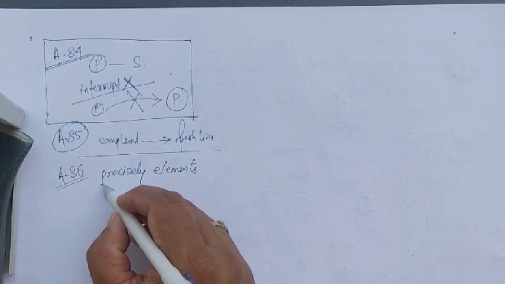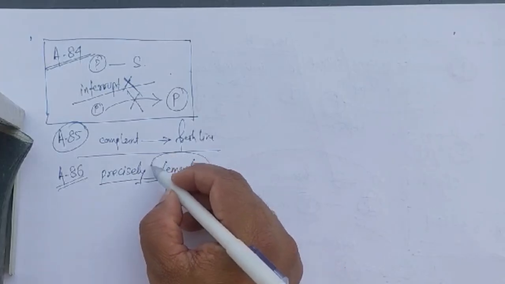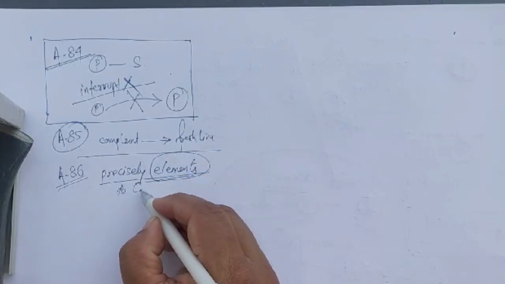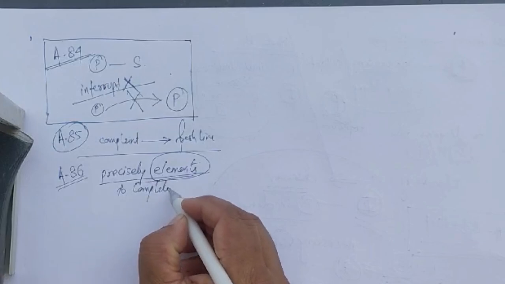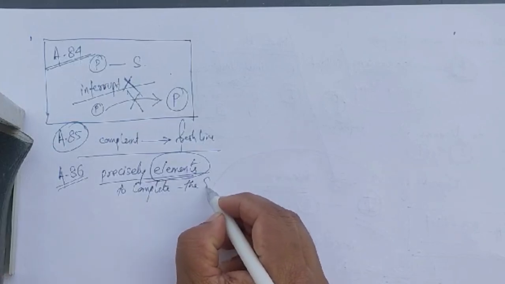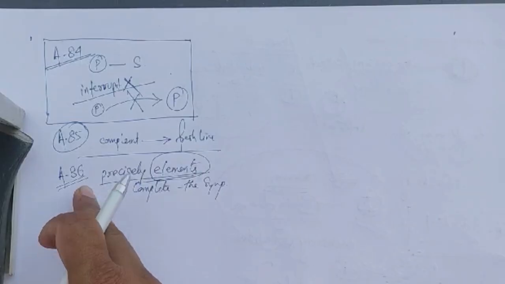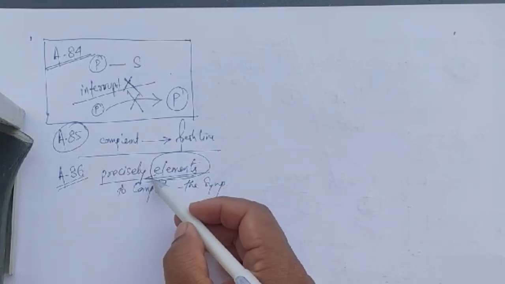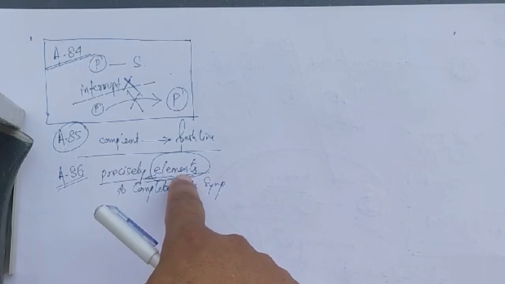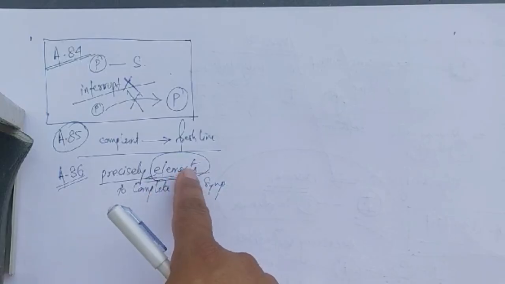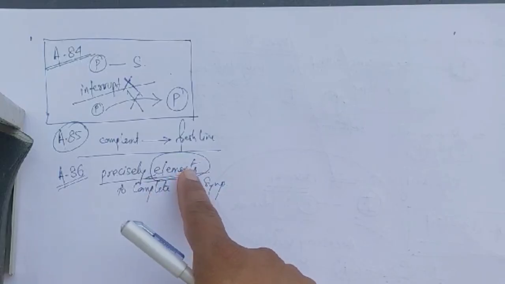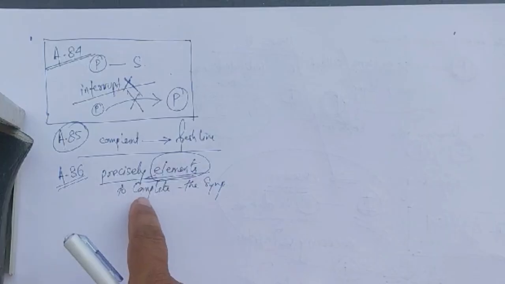You have to elicit the elements to complete the symptom. To complete the symptom. So what does aphorism 86 say? You have to precisely complete the elements to complete the symptom.